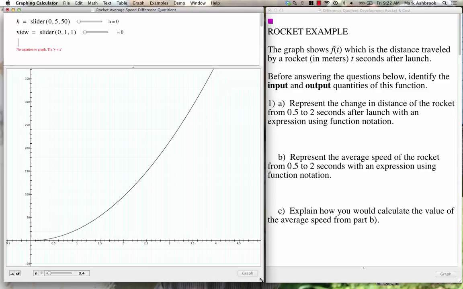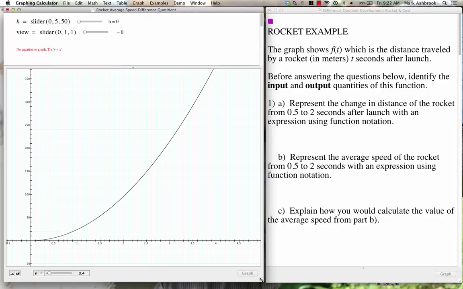This change in distance, number 1A, total change in distance from 0.5 to 2. There you go. That's the change in distance. We want to get average speed.